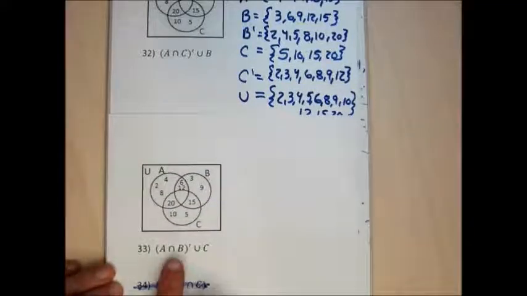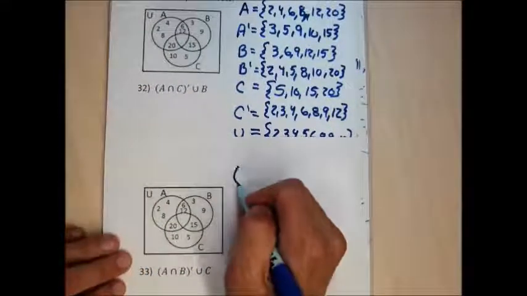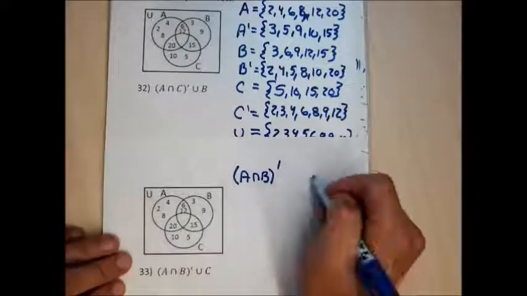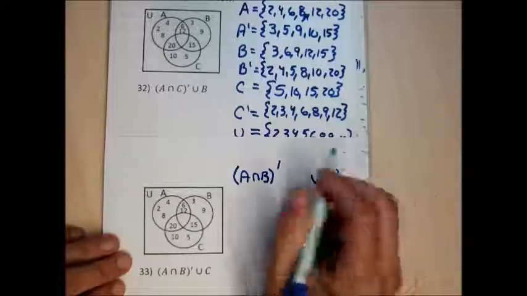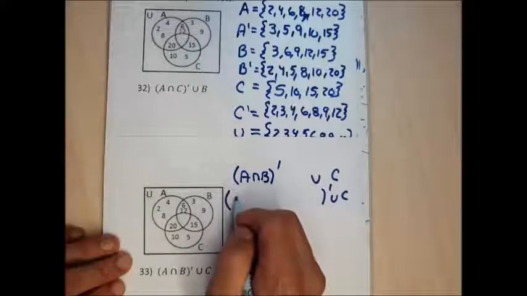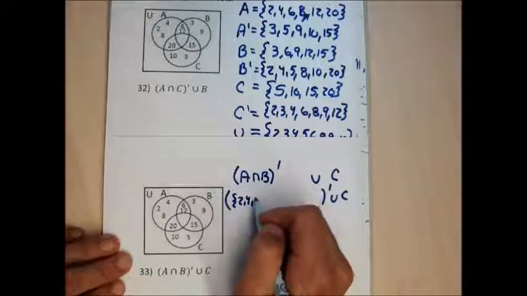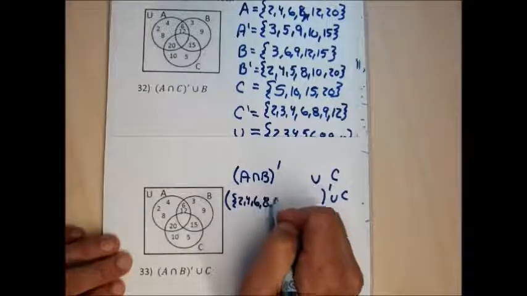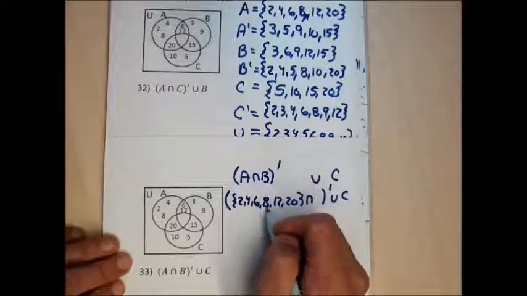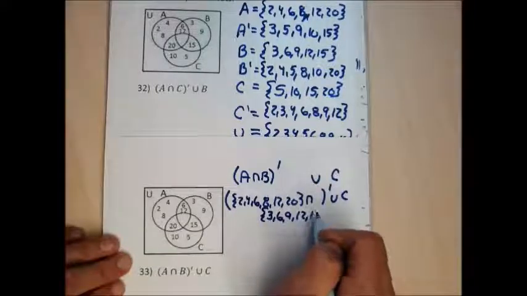So for 33, the first thing I need to do is A intersection B complement. So to start 33, I'm going to figure out what this A intersection B complement is, and then I'll worry about the unioning with C. To do A intersection B inside the parentheses, I find out what A, which is 2, 4, 6, 8, 12, and 20, I find out how to intersect it with B, which is 3, 6, 9, 12, and 15.